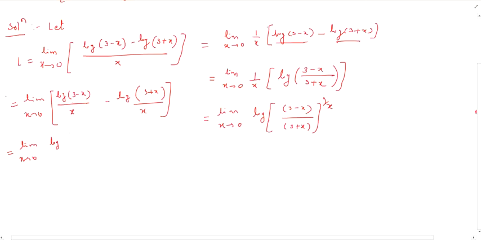Here we have to adjust this term again, taking 3 common inside the bracket: 1 minus x by 3 upon x. And here minus log of 3 into 1 plus x by 3 upon x.